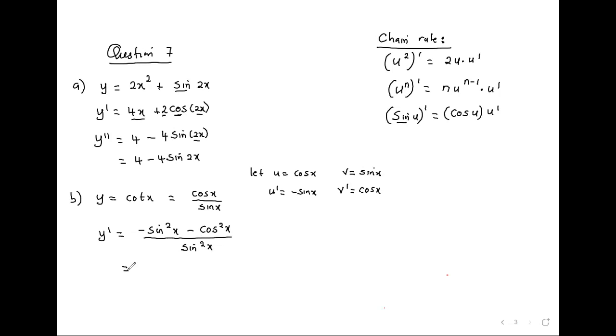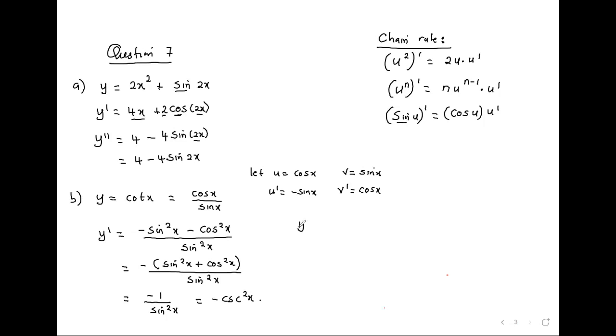And this is the same as negative sine squared x plus cos squared x over sine squared x. And we know that sine squared x plus cos squared x is 1, over sine squared x. This is the same as negative cosec squared x. This is our first derivative.